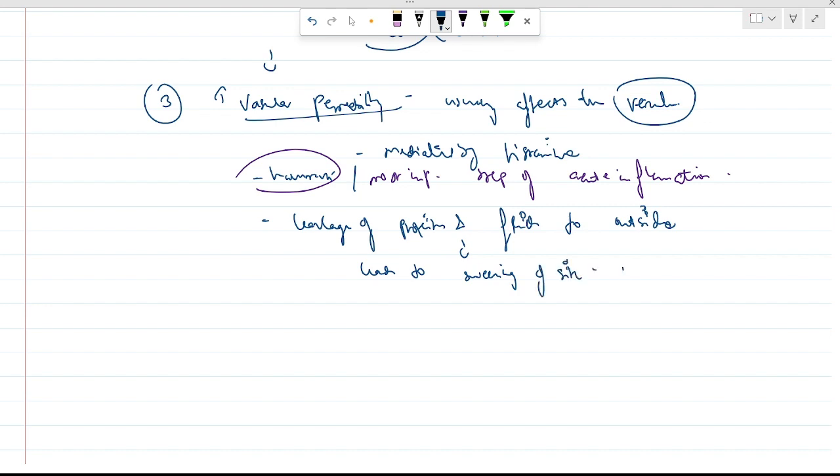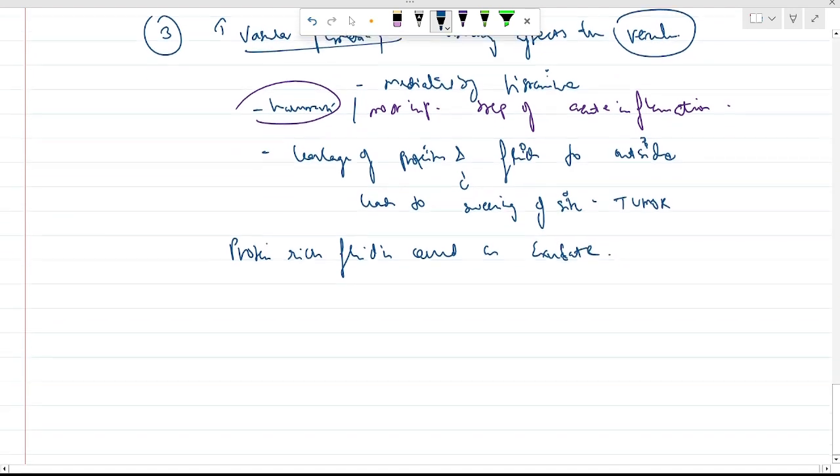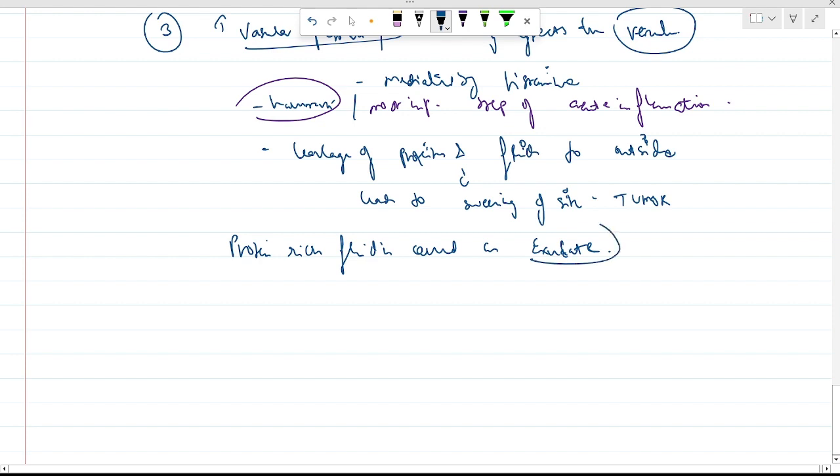We call this swelling tumor, one of the cardinal signs. And this protein rich fluid is called exudate.